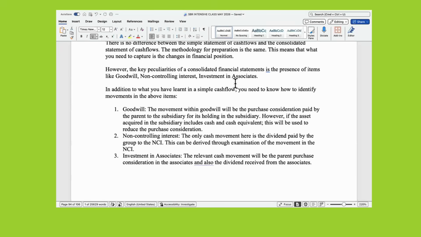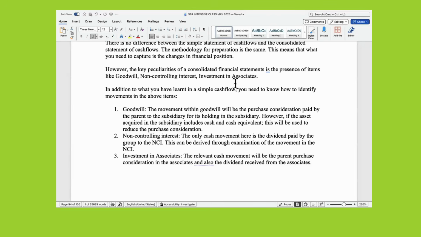For goodwill, goodwill is determined by comparing your purchase consideration with net asset acquired. That net figure is goodwill. So the relevant cash flow becomes the purchase consideration, because that's the net cash flow there.